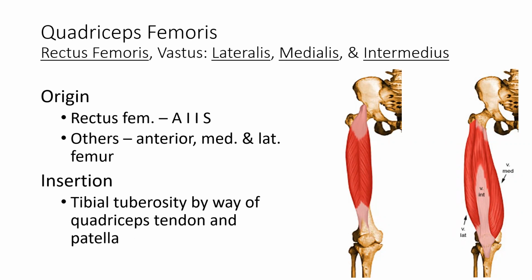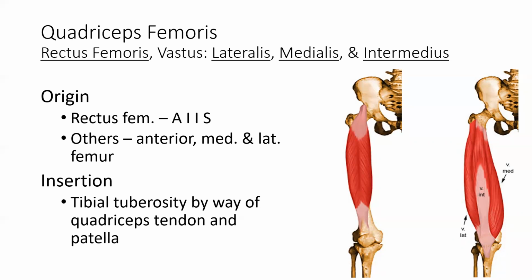The rest of our quadriceps group have an origin on the anterior, medial, and lateral femur. So kind of anterior, but all around, both medial and lateral on the femur. Vastus lateralis has a more anterior and lateral origin site. Vastus medialis has an anterior and medial origin site.